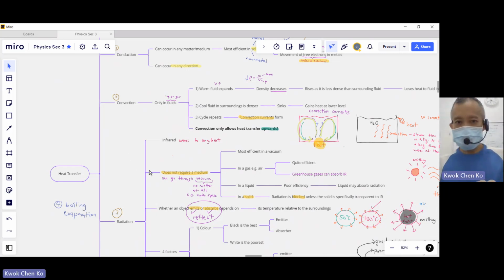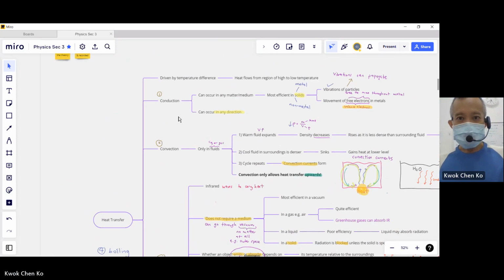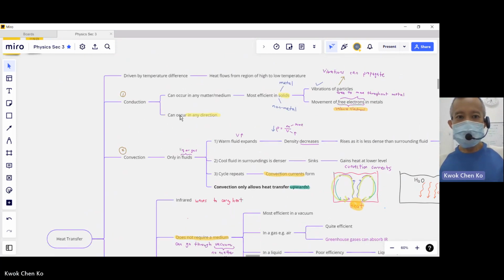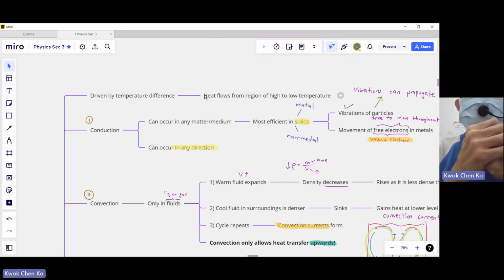Okay, you want to take down some notes? First thing first, this is the primary school concept. Always look for the difference in temperature. Where is the high, where is the low temperature? That is important. You have to know heat transfer is from where to where.